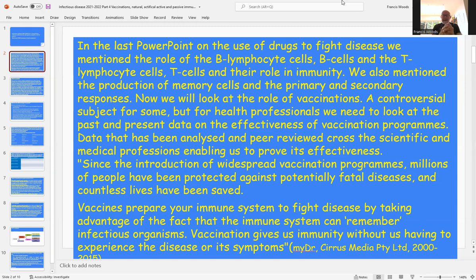It is controversial, is vaccinations. As we know, there is a movement against vaccinations. Vaccination isn't a new thing. Way back in the late 1700s, an English doctor known as Edward Jenner, I think it was around Shropshire way, lived in a time where smallpox was rife, and it killed not hundreds or thousands, but globally millions of people.